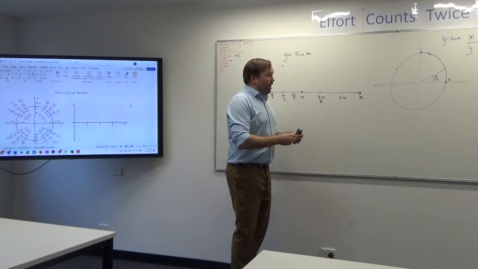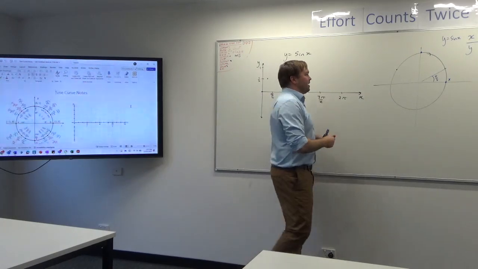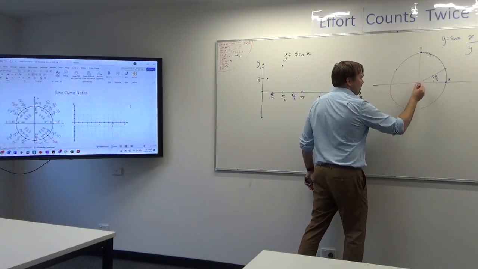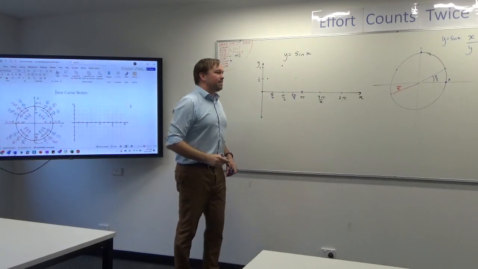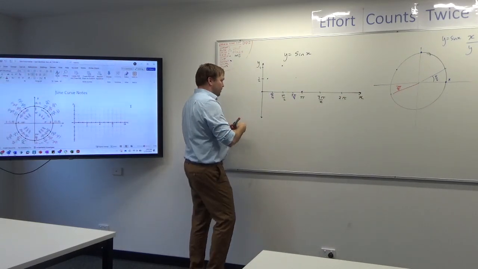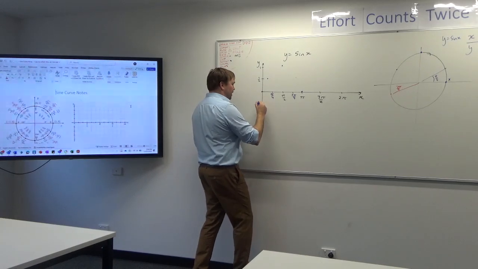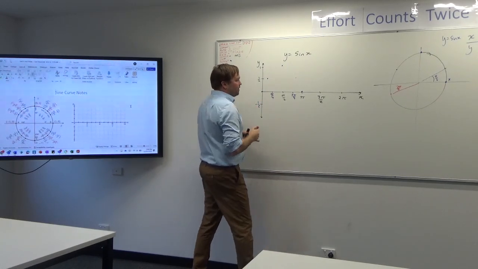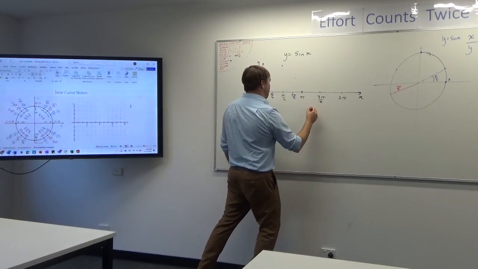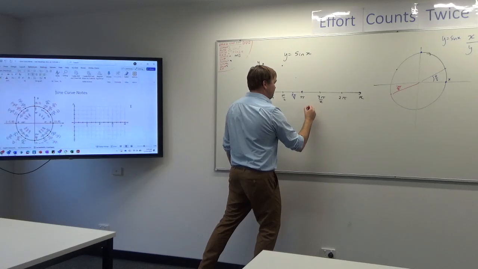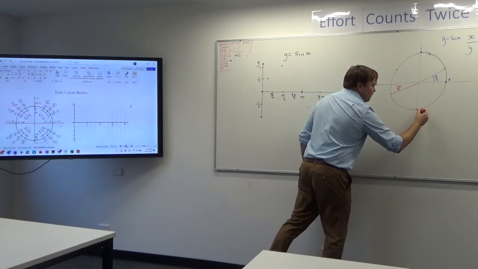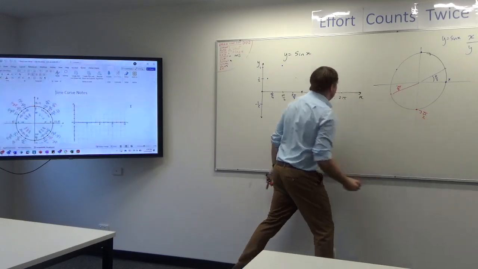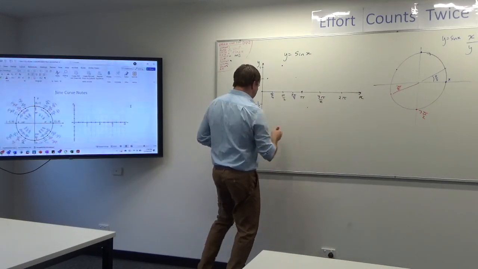As we continue around, I'll go to the negatives now. Here is 7 pi on 6. At 7 pi on 6, we're all of a sudden down to minus a half. 7 pi on 6 lands us there. Here, at 3 pi on 2, we're at minus 1.